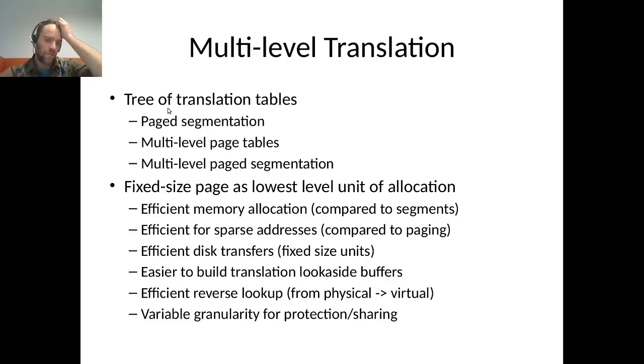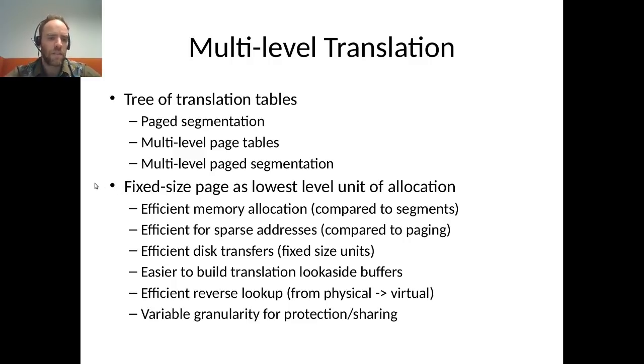So we would, for example, have a tree, a hierarchy of translation tables: paged segmentation, multi-level page tables, multi-level paged segmentation. You can read about these in the following pages, starting at page 385 with multi-level translation. But simply put, we have a fixed size page as the lowest level unit of allocation.